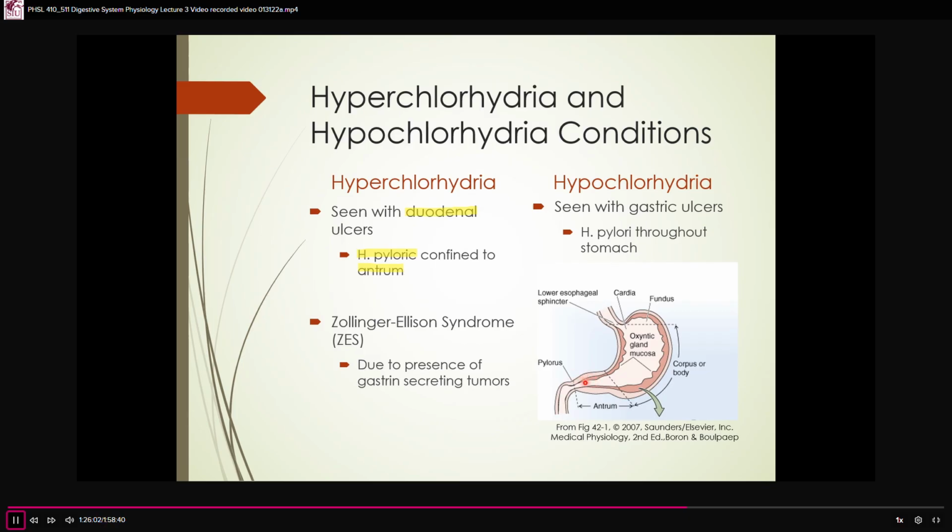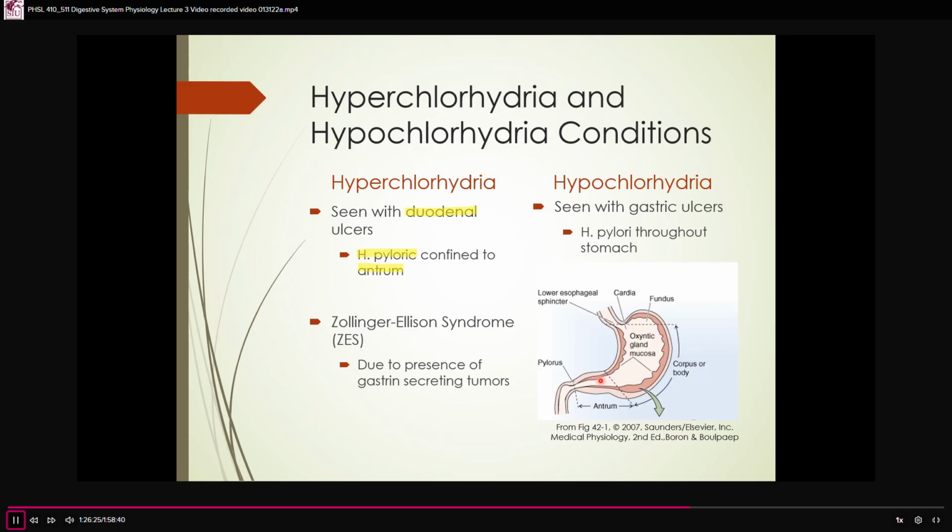Well, if you have a lot of H. pylori infection down here, then the tissue damage and the disruption that occurs actually blocks effective D cell braking of the nearby neighboring G cells. And so since you can't effectively put the brake on the G cells' gastrin secretion, they secrete a lot more gastrin than normal.